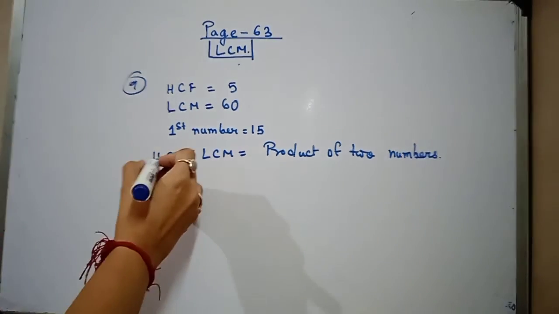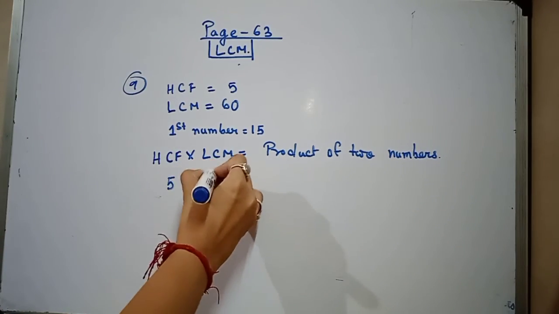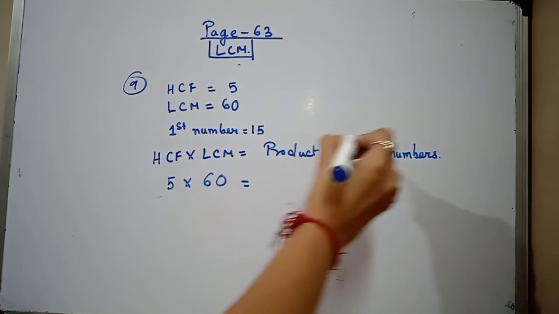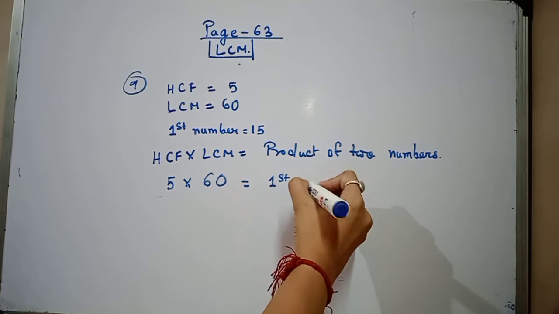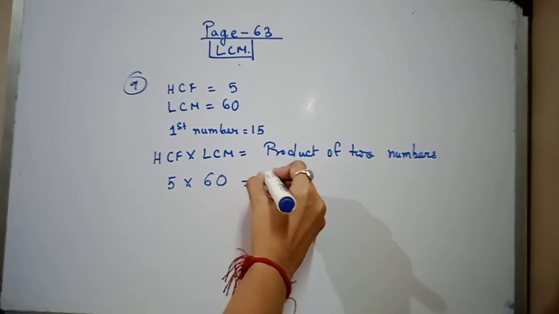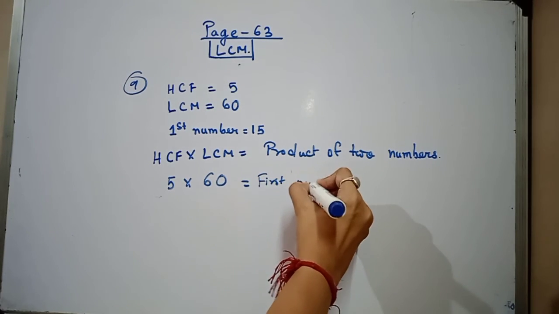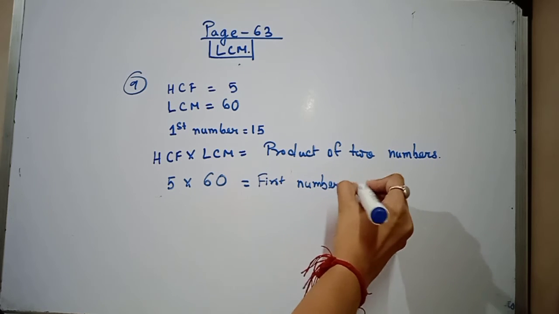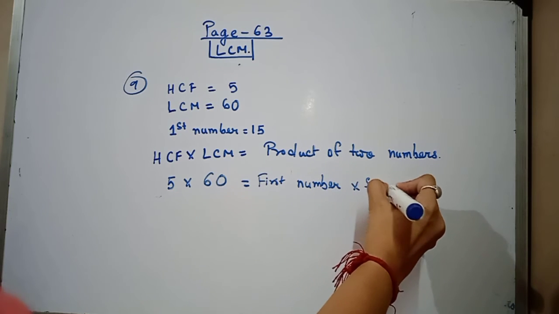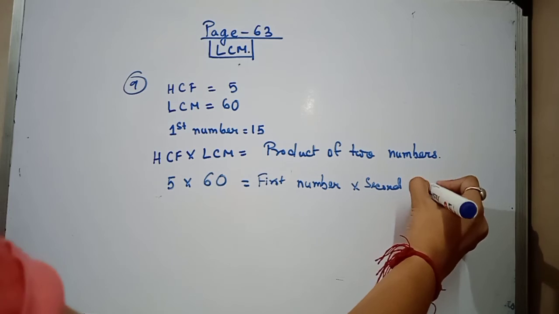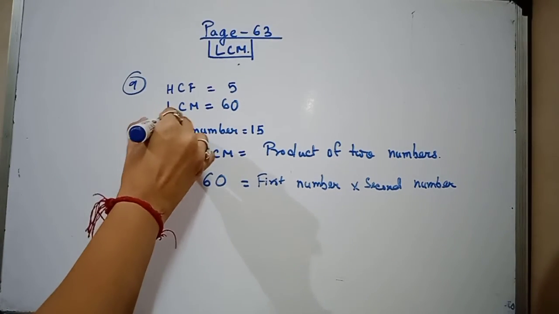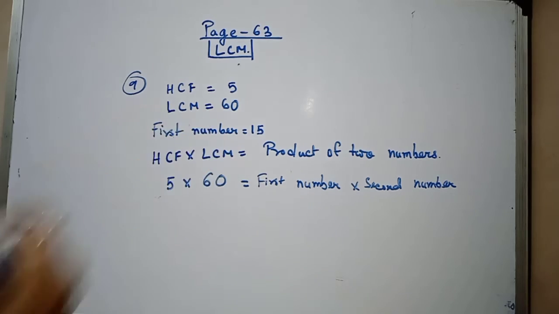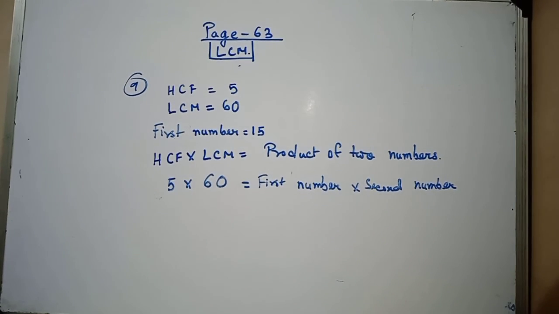So HCF means 5 and LCM is 60, and the product of two numbers means the first number into the second number. You will write it like this: first number and second number.